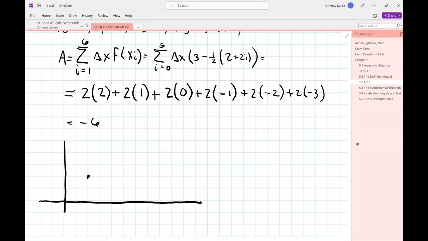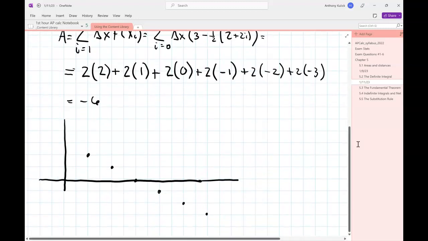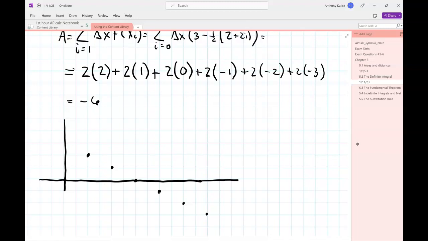The second point is 4, 1. Then we have 6, 0. And we have 8, -1. 10, -2. 12. That's 2, 4, 6, 8, 10, 12. Okay.